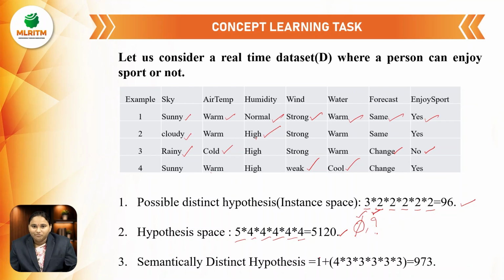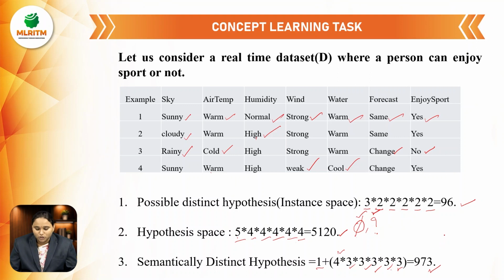In this case only one hypothesis needs to be mentioned, that is the specific one. So the semantically distinct hypothesis count is 1 plus the remaining. Sky: 5 minus 1 is 4. Next, 4 minus 1 is 3, and likewise for each remaining attribute. So 1 plus the multiplication of 4 into 3 into 3 into 3 into 3 into 3 is 973.